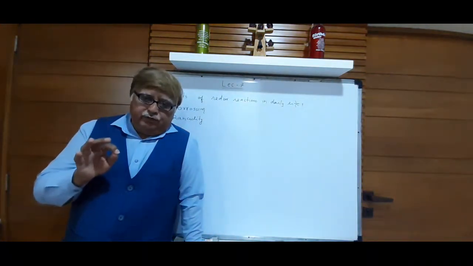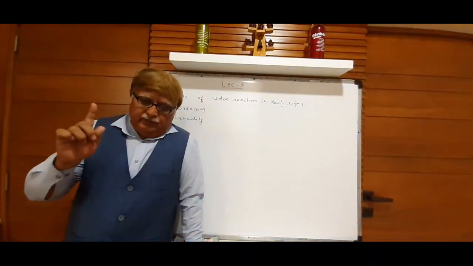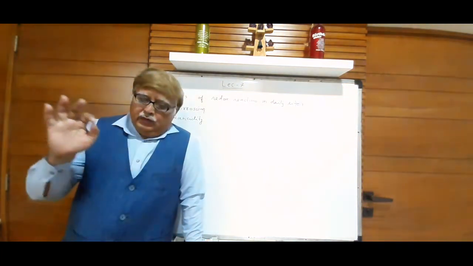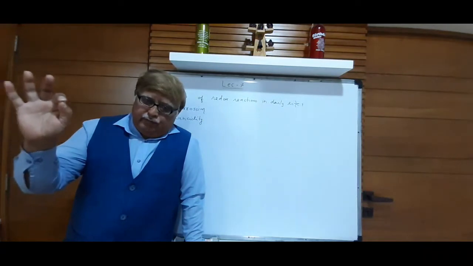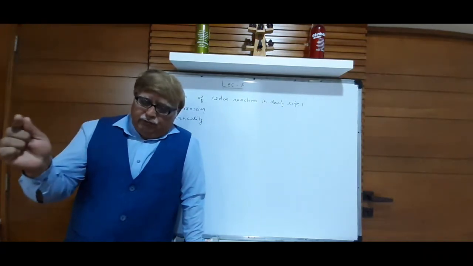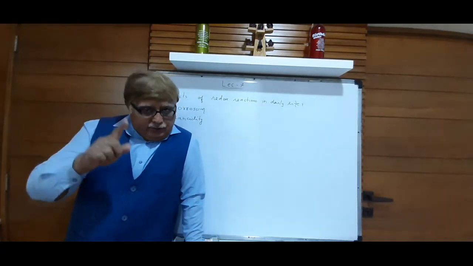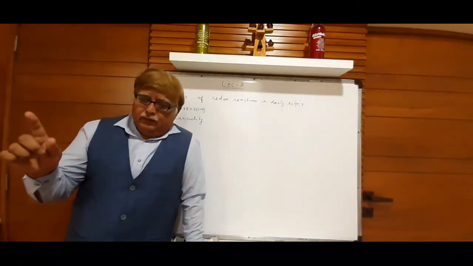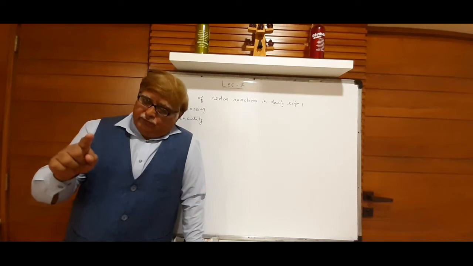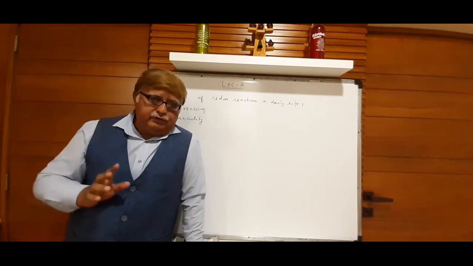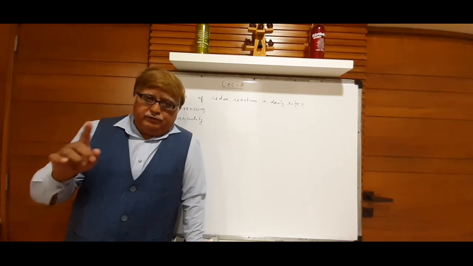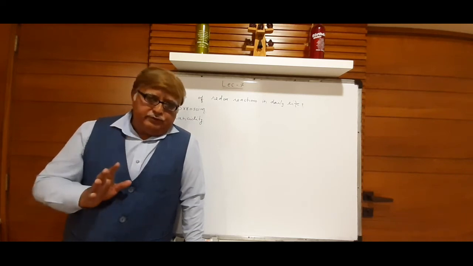In question number 4, you have to write each and every reaction. After writing the complete reaction, you have to answer two questions for every reaction. First question: which substance is oxidized in the above reaction? Second: which substance is reduced in the above reaction?